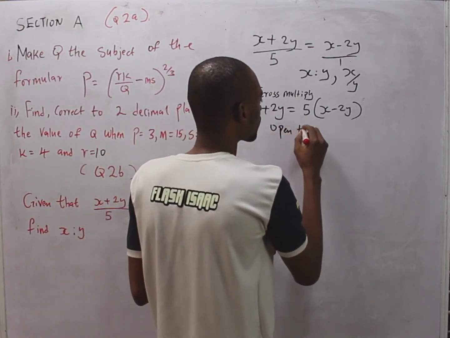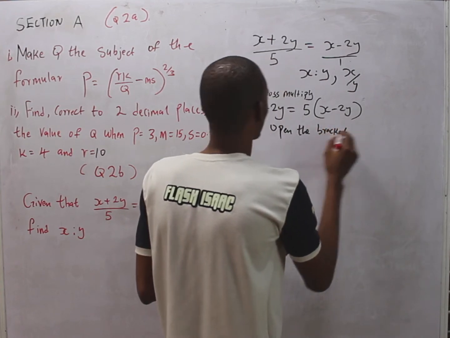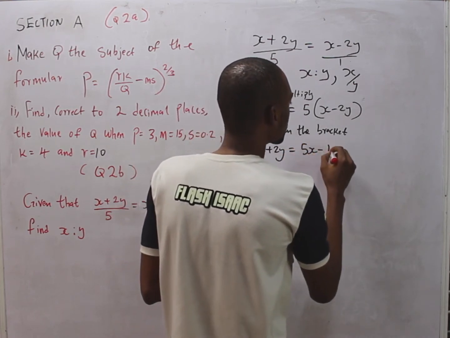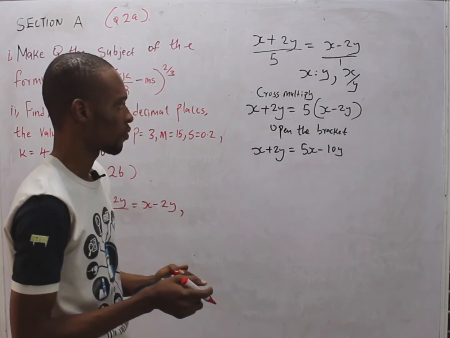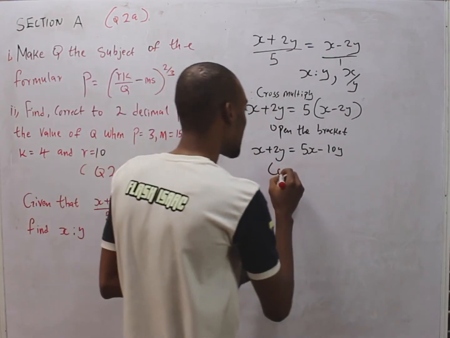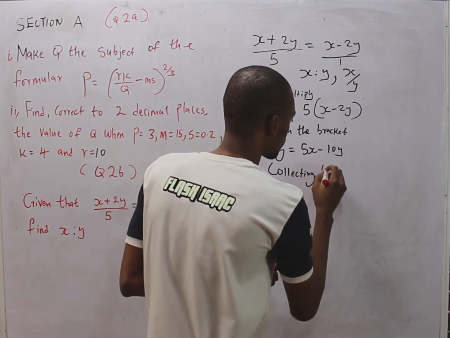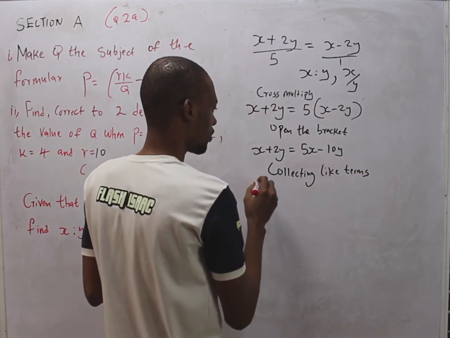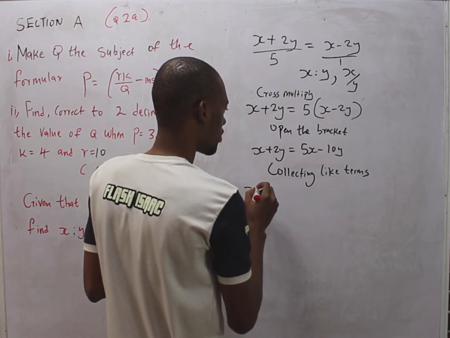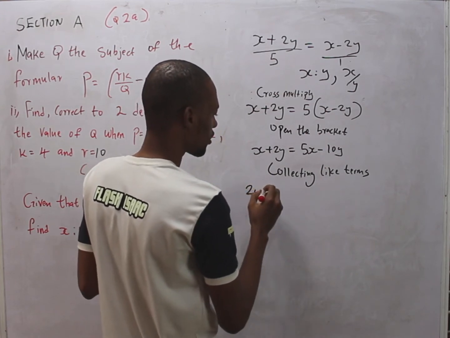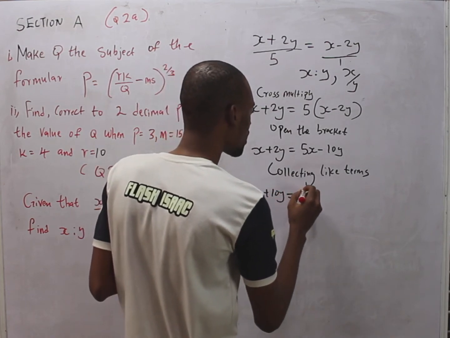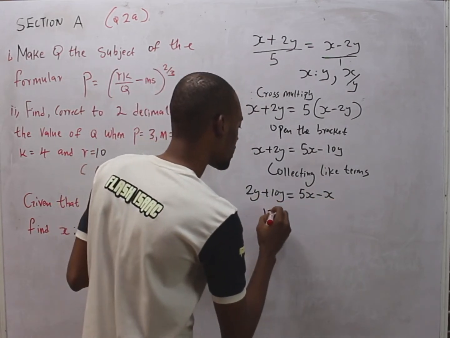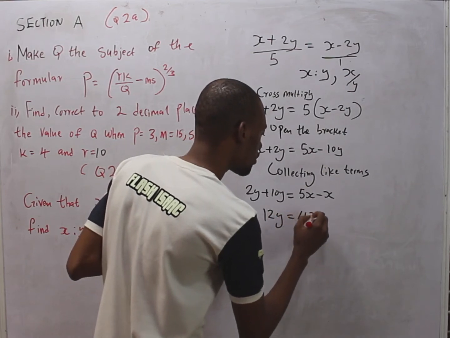Open the bracket. S plus 2Y is equal to 5S minus 10Y. Collecting like terms, 2Y plus 10Y is equal to 5S minus S. 2Y plus 10Y is 12Y is equal to 4S.